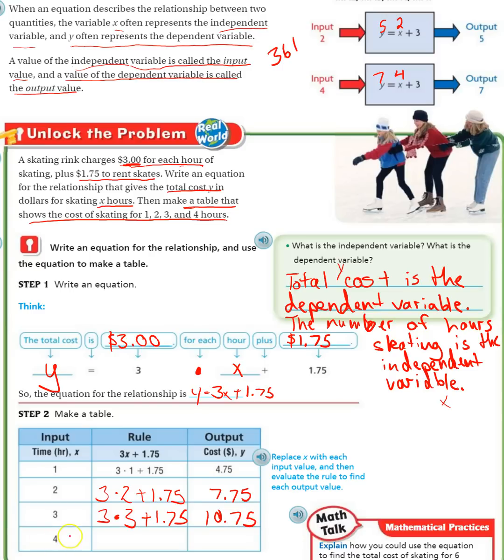And I'll let you go ahead and finish this input. So you're going to plug in, now it's going to be 3 times 4 plus 1.75, and see how much that costs. And notice, you can also notice the pattern over here on the output side, how much it's going up by each time.